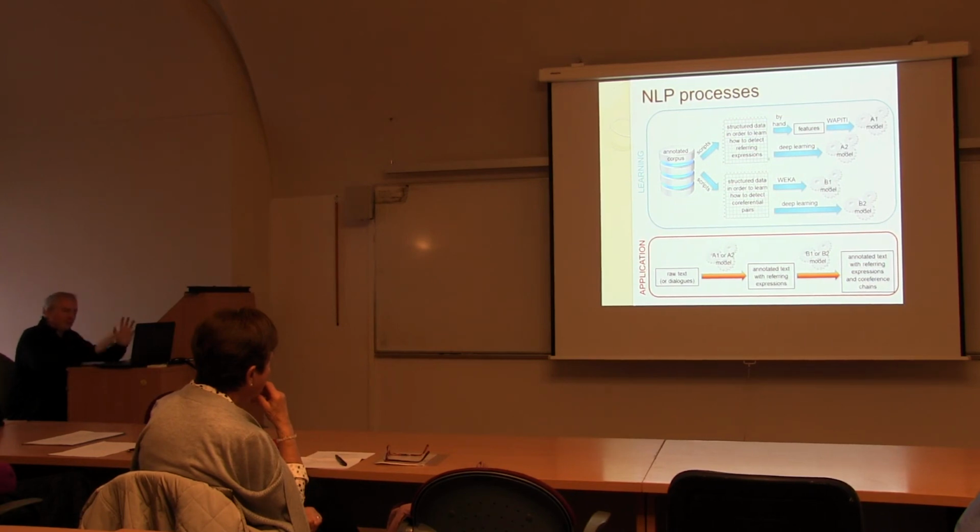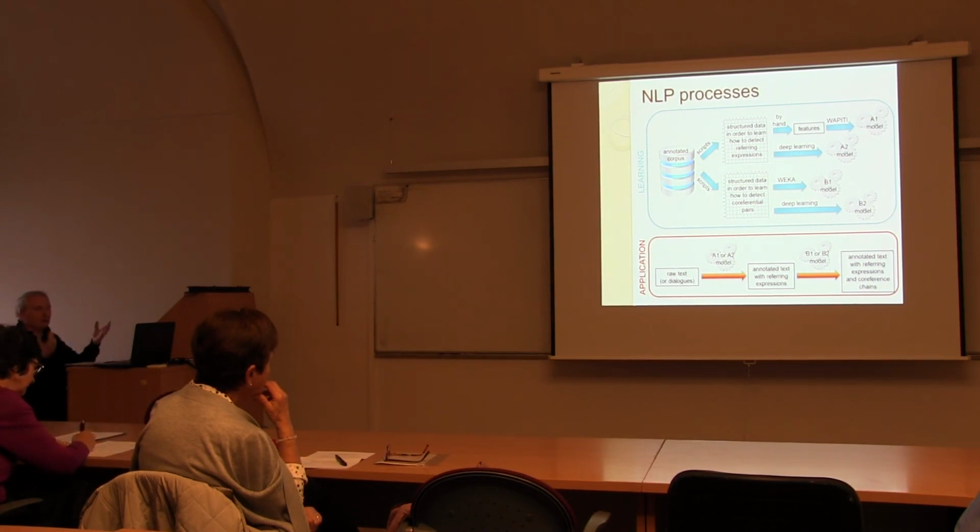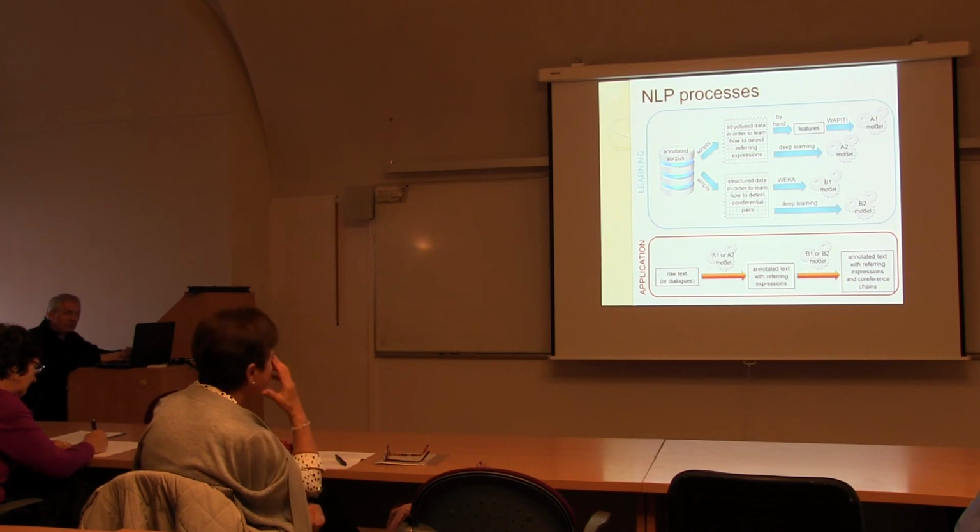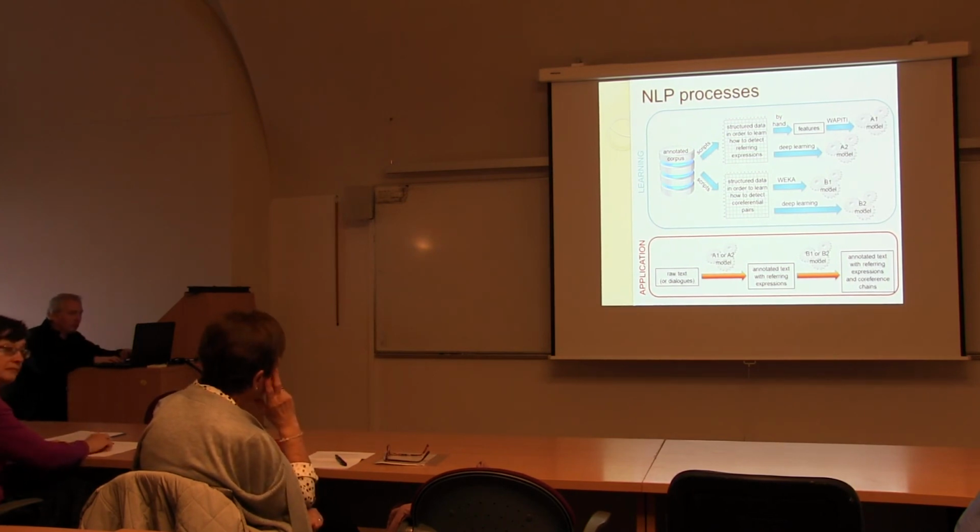For all of them, the principle is that the corpus is exploited by a learning phase that leads to the definition of a model, and then we apply the model to raw text to get a text with all the annotations of coreference chains, automatically.